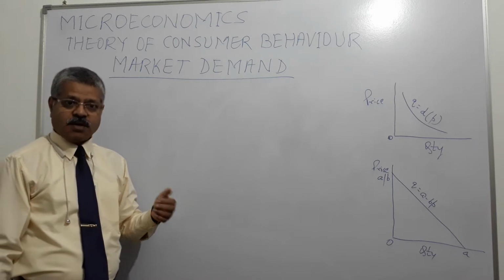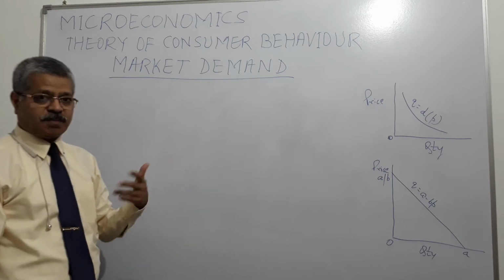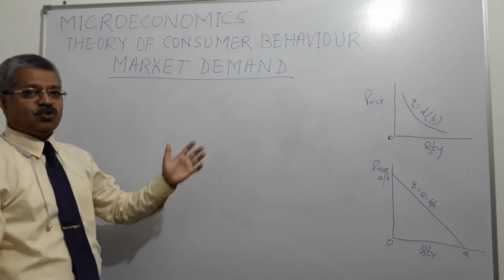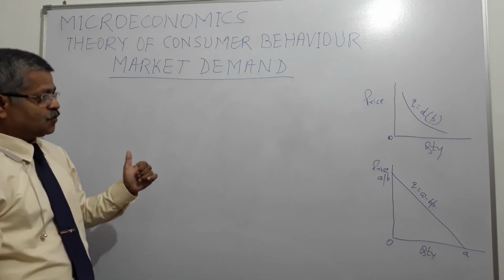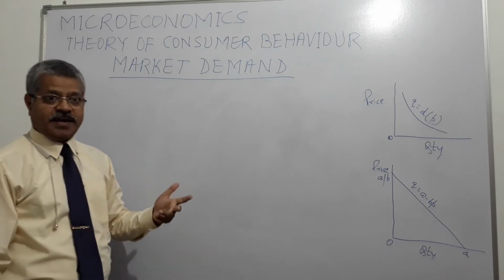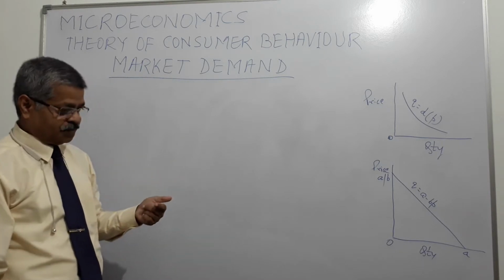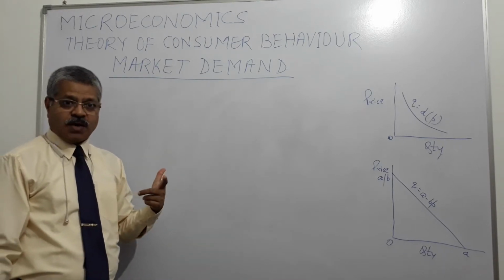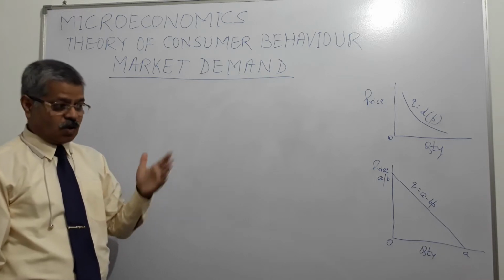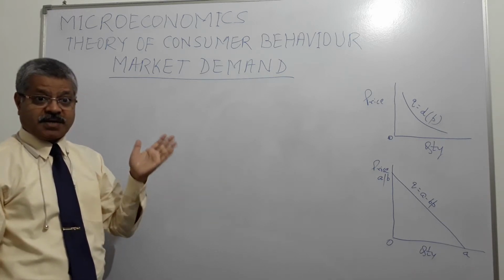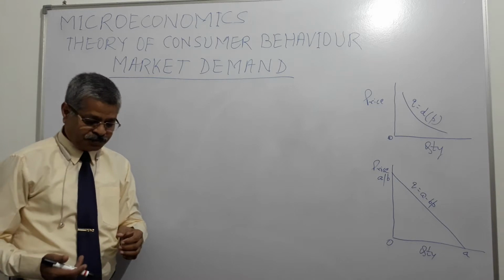To make it simple, we will suppose there are two consumers. There is a way to measure the market demand through horizontal summation of the individual demand curves.